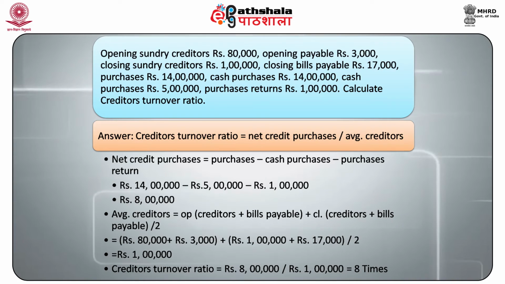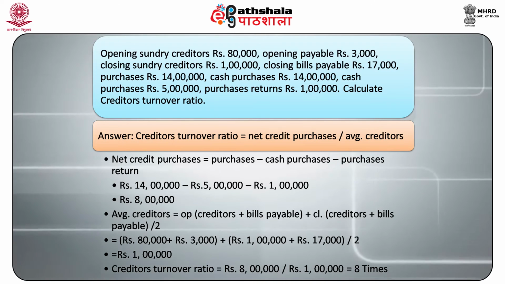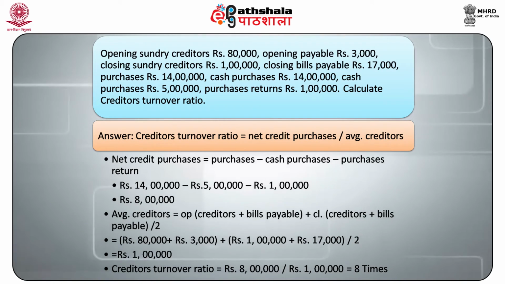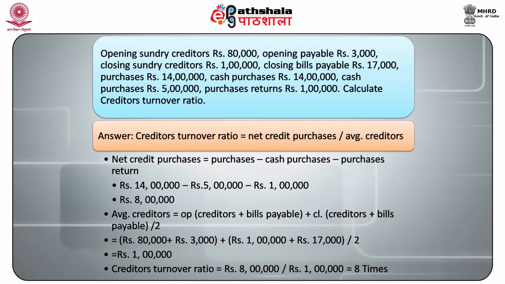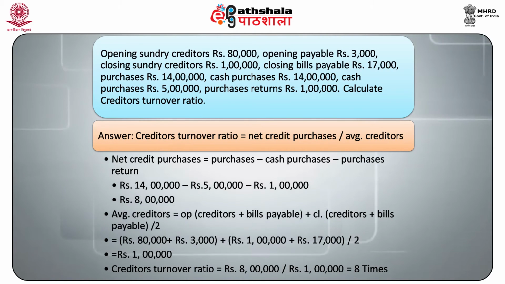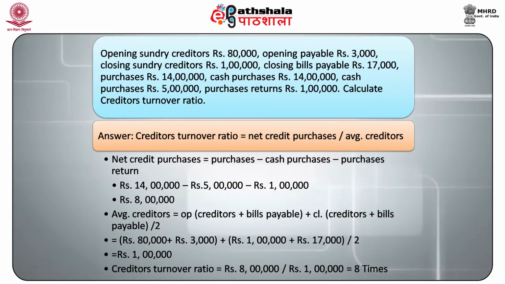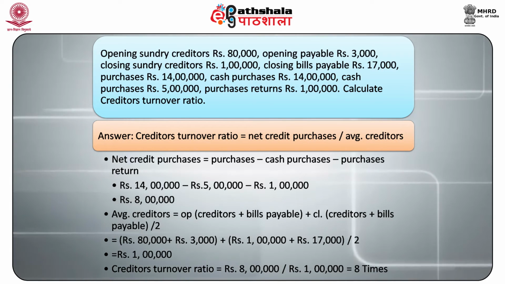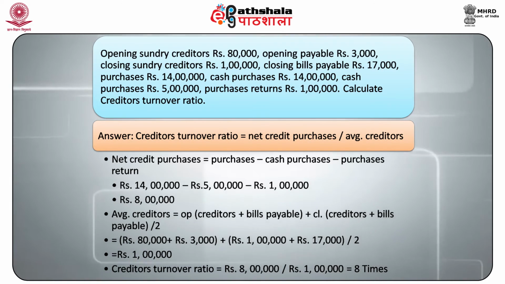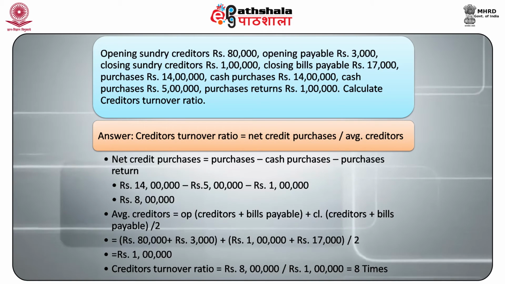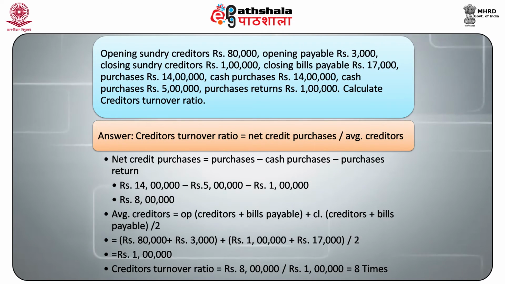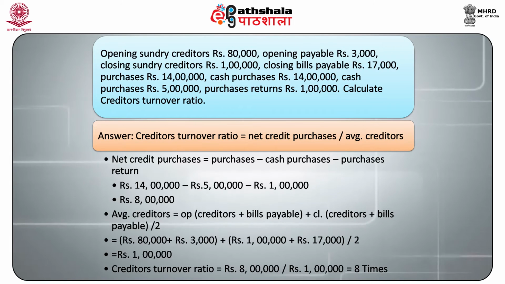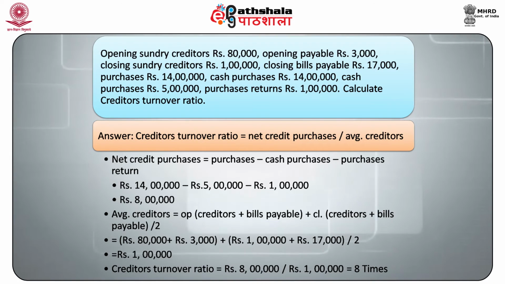Average creditors is opening creditors plus bills payable plus closing creditors plus bills payable divided by 2, which is rupees 80,000 plus rupees 3,000 plus rupees 1 lakh plus rupees 17,000 divided by 2, which is rupees 1 lakh. Creditors turnover ratio is now 8 lakh divided by 1 lakh, which is 8 or 8 times.